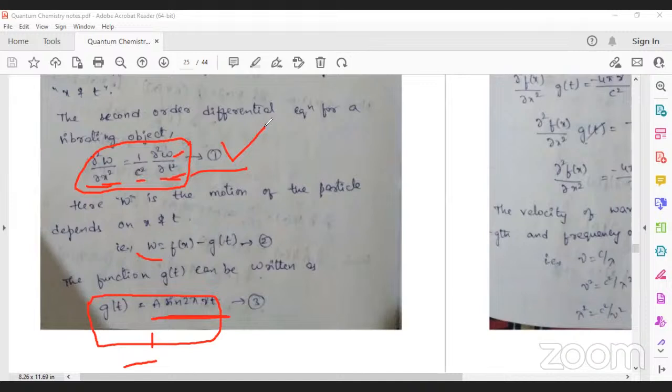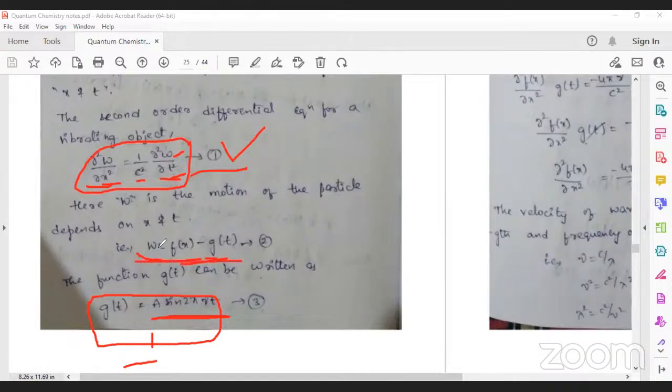Do you people understand the concept? Yes, sir. Listen clearly. It seems a little complicated, but it is too easy to understand, right? Second order differential equation is there. W we are going to define.